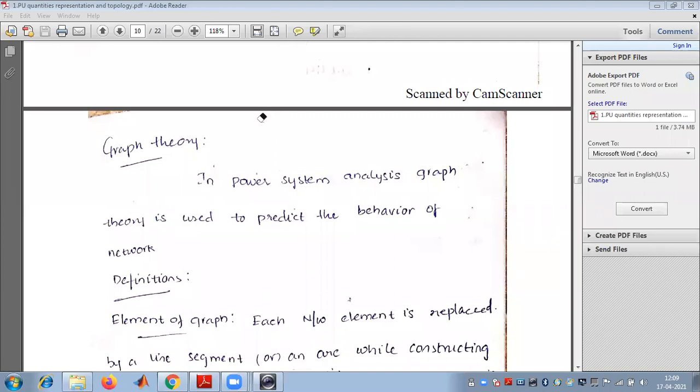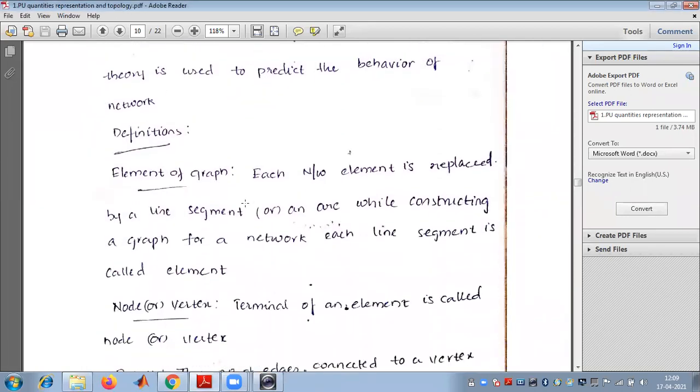Now please make a note regarding the various definitions of graph theory. The first definition is element of a graph. Each network element is replaced by a line segment or an arc while constructing a graph for a network. So each line segment is called an element.